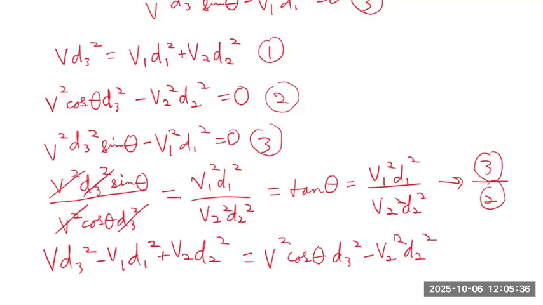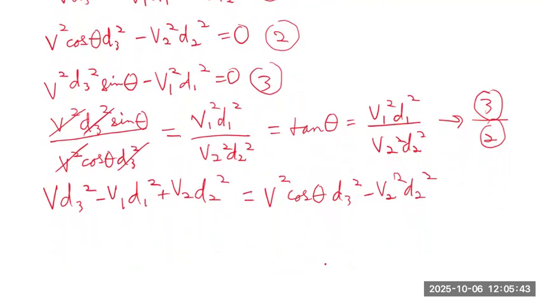And we can move everything over to one side. And if we do that, we will have V3 D3 to the power of 4.